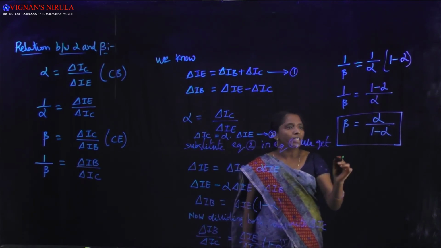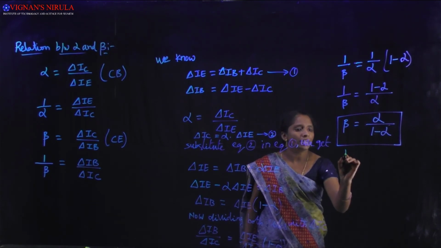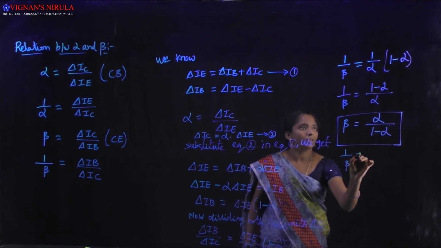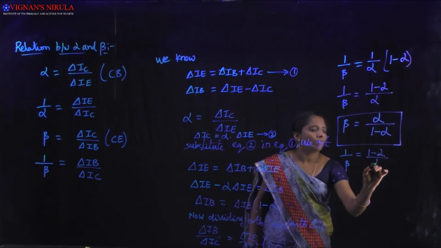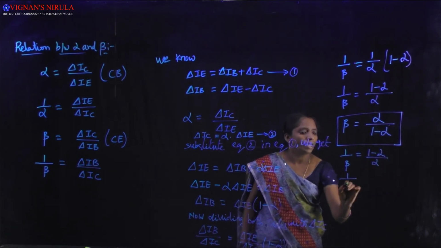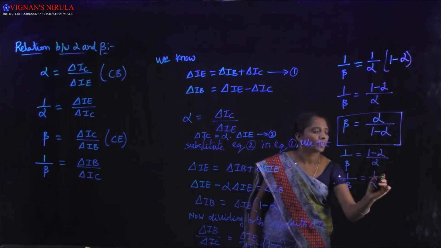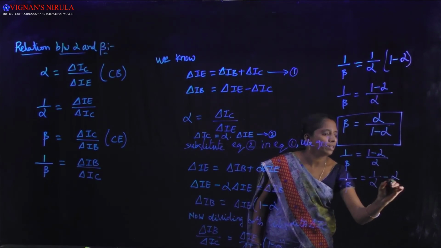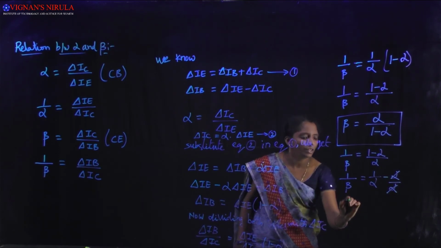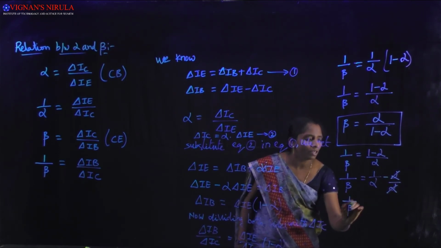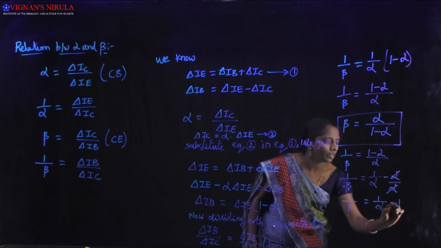To derive the equation for alpha in terms of beta, take the above equation: 1 by beta equal to 1 minus alpha divided by alpha. Now divide the numerator, and you will get 1 by alpha minus alpha by alpha. Alpha gets cancelled, so 1 by beta equal to 1 by alpha minus 1.